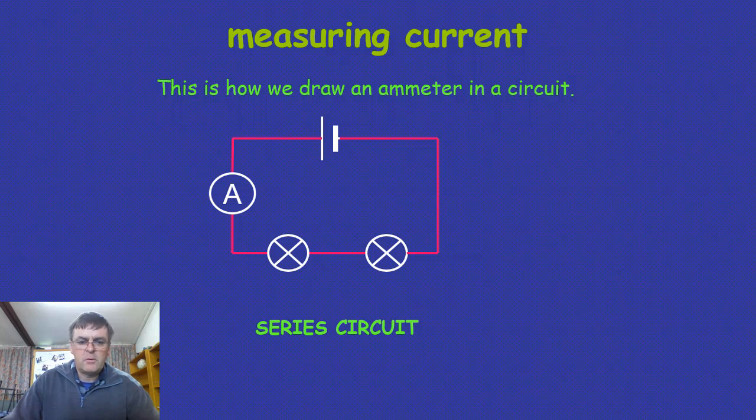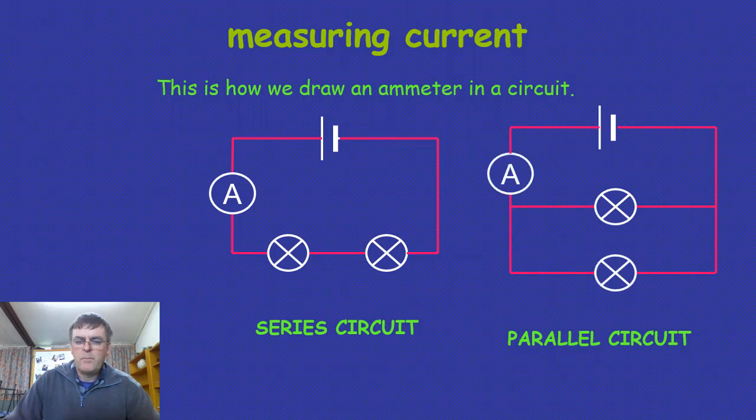So series circuit, in it goes. We could put it in between the bulbs. We could put an ammeter here, or we could put it here. Anywhere in the circuit would do. In a parallel circuit, same deal. We put it in series. So we could put one in here as well if we wanted to, or it could go over here, just as long as it's put in series.